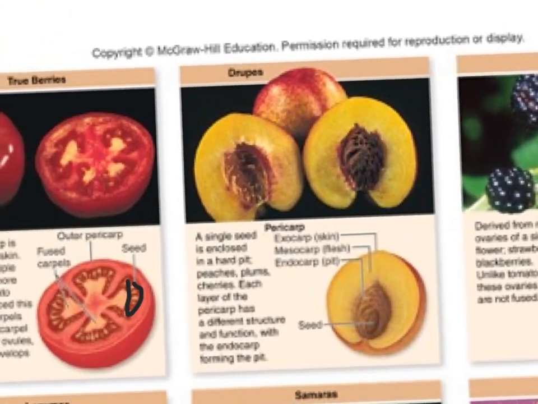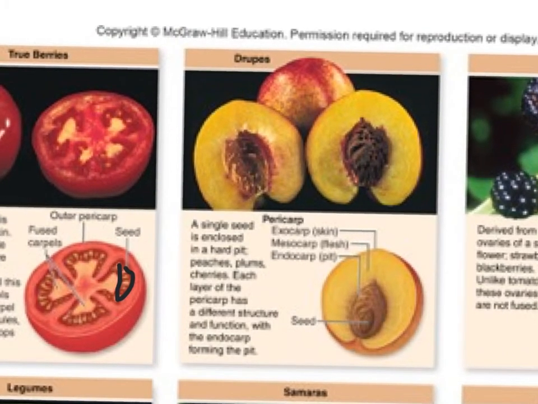This is a drupe where you have a single seed. The pericarp is the outside. The endocarp is the seed, and then there's a mesocarp. A single seed is enclosed in a hard pit, so the endocarp is the seed inside the pit, surrounded by this fleshy part.